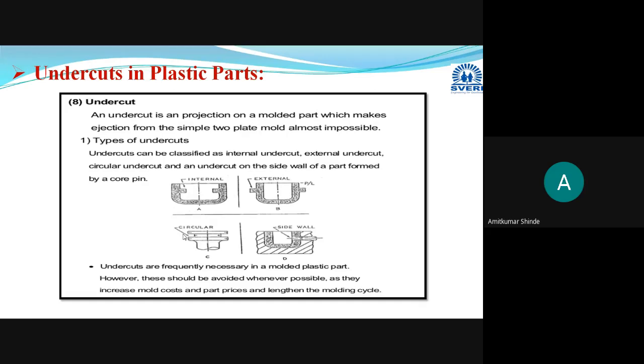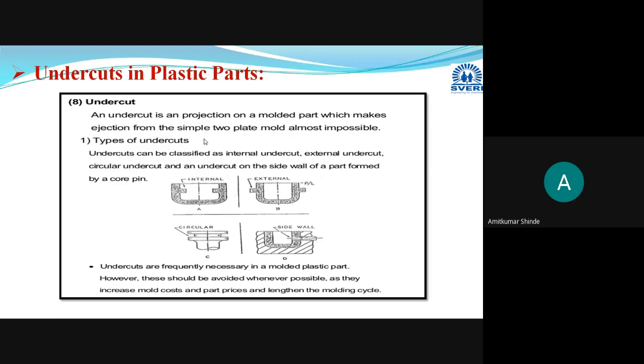This is the design of undercuts in plastic parts. So, what is the meaning of undercut? An undercut is a projection on the molded part which makes ejection of that molded part from the mold difficult. Suppose we are using a two plate mold, then ejection of that part from the mold becomes almost impossible due to this undercut.